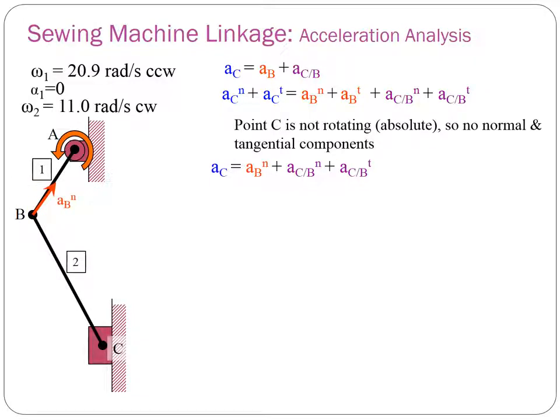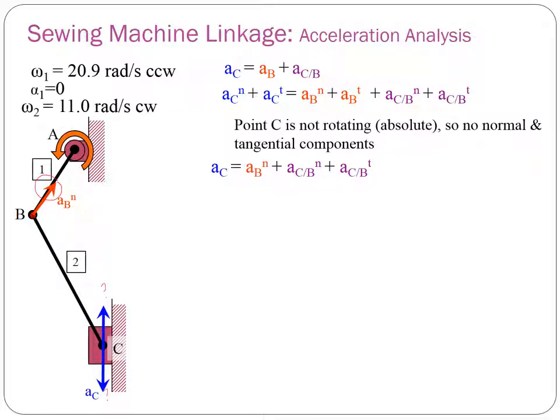So we can visualize the components of the acceleration. We have a normal here going from joint B inward to joint A. Then we draw the acceleration of AC. As mentioned just now, we are not sure whether it will be up or down.